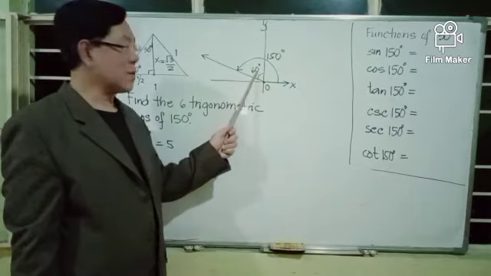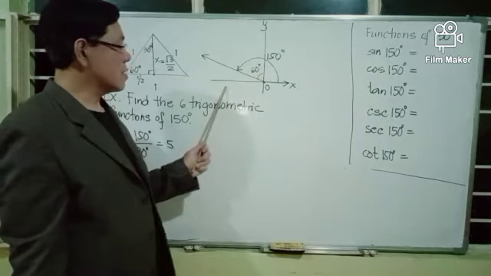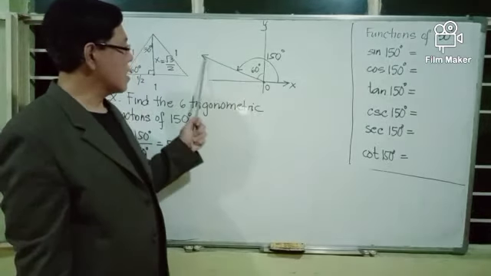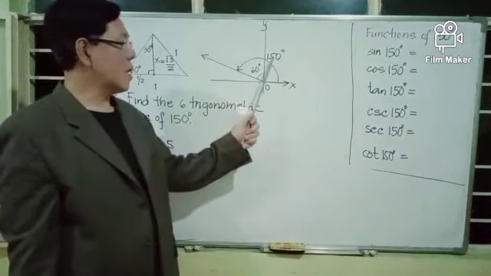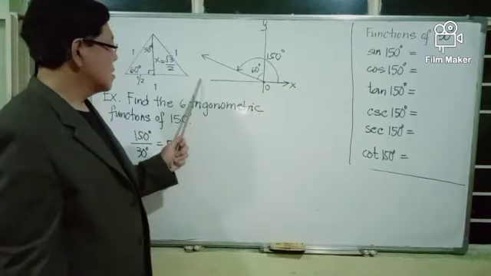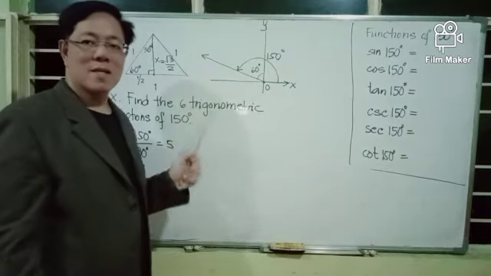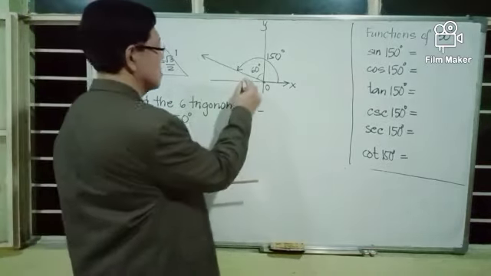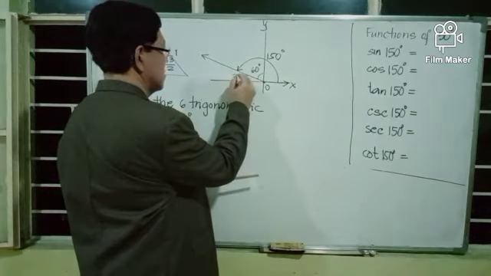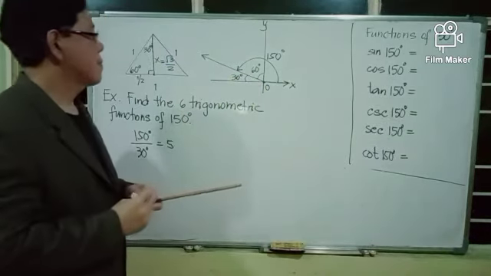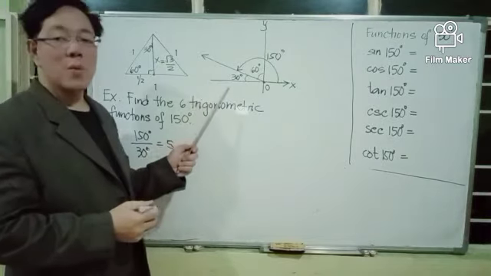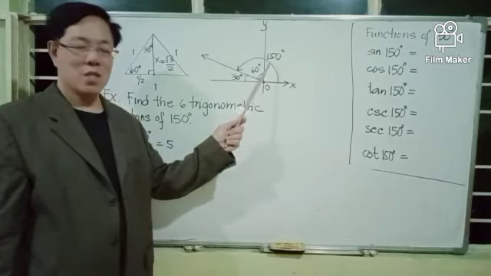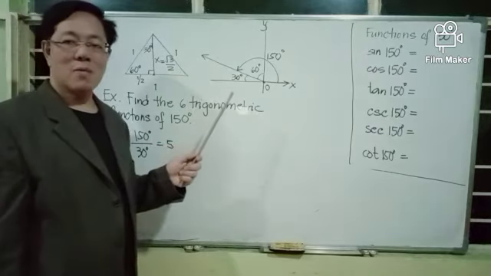If this is 60 degrees and in one quadrant there are 90 degrees, then the remaining angle from the terminal side of the angle 150 degrees to the negative side of the x-axis is 30 degrees. 90 minus 60 is 30. Now we have drawn the given angle 150 degrees in standard position. We now construct a right triangle.